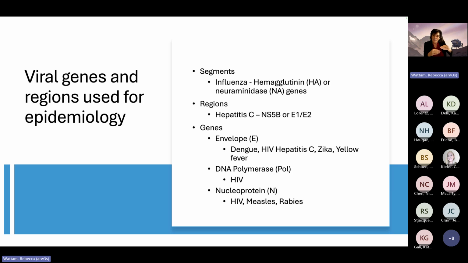Those are complete segments on the influenza A virus, so those are both genes and segments. For regions, you have hepatitis C, which will often use a specific region that might combine multiple genes. And for individual genes, it really depends on the organism that you're looking at which gene you use to examine that.